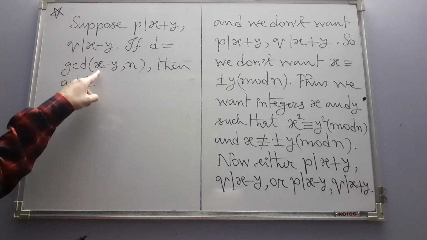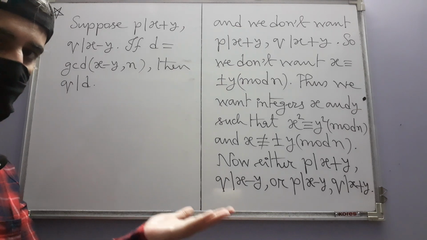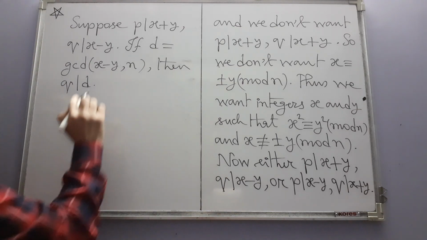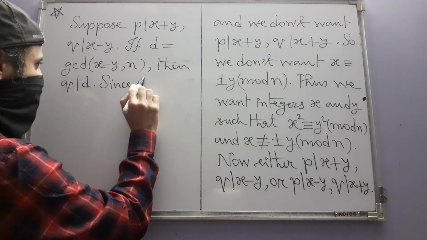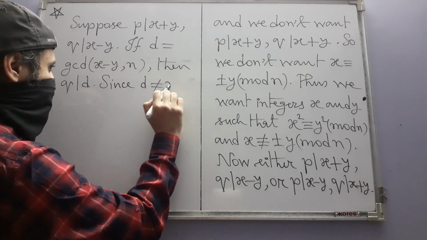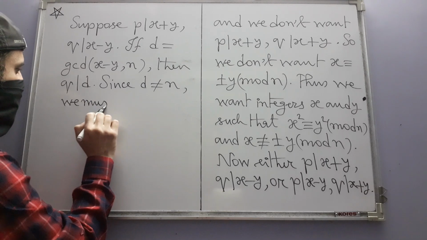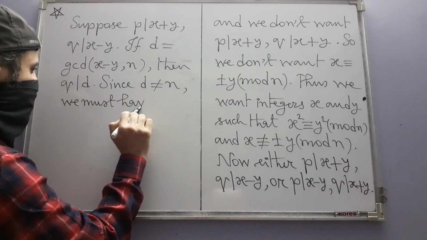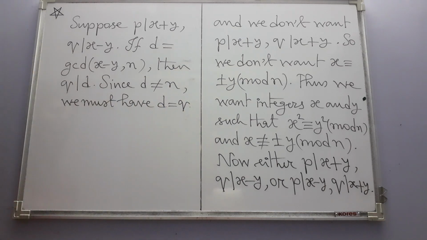Because q divides x minus y as well as n, so from properties of GCD, q has to divide d. Since d is not equal to n, we must have d equal to q in this case.